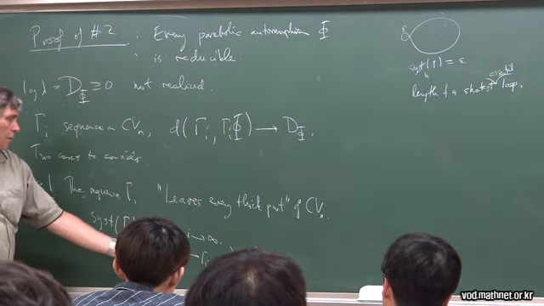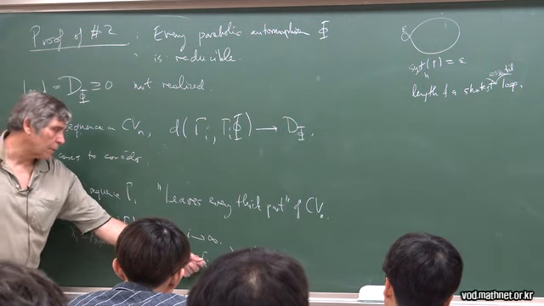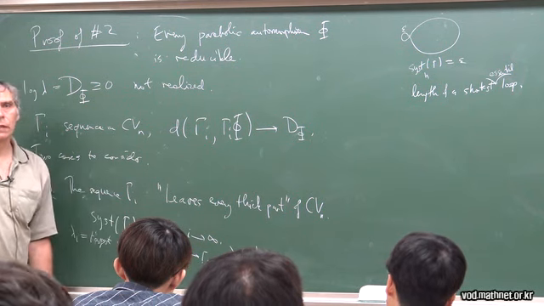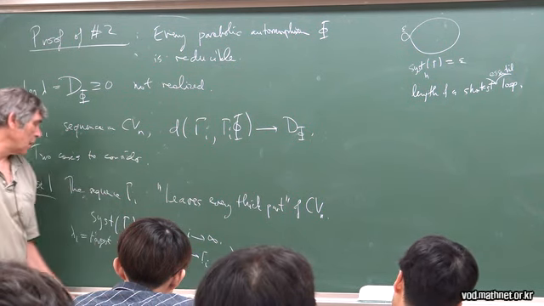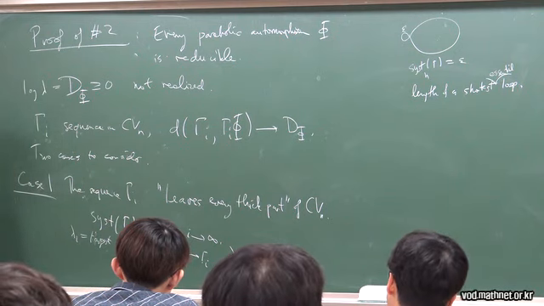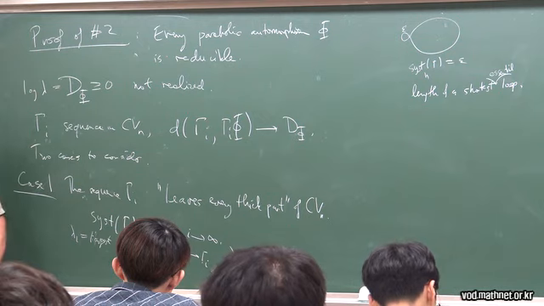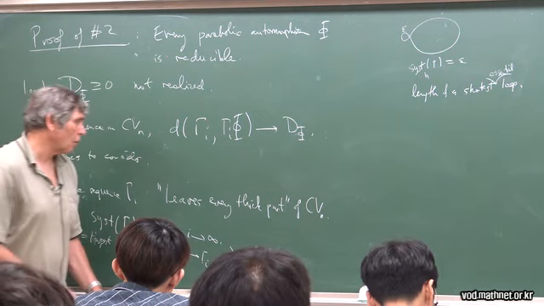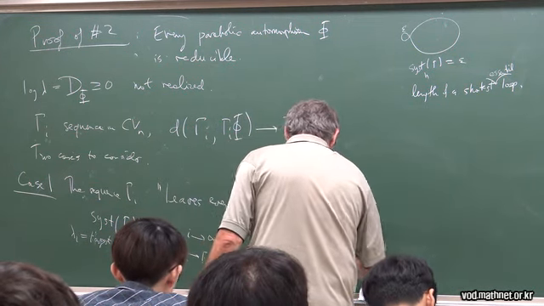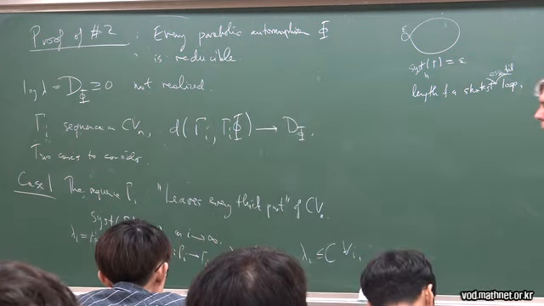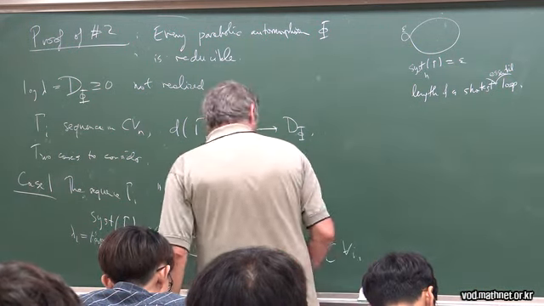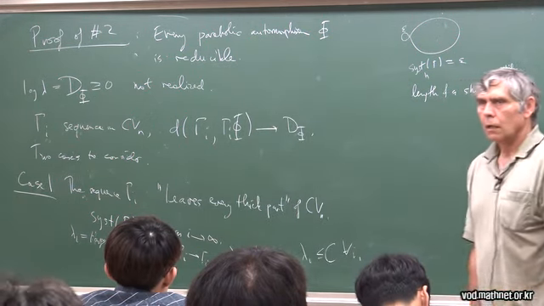So the displacement is really the largest slope of this map f i that represents f. This is really the difference of markings from gamma i to gamma i phi, but I'm thinking of it as a self map representing f. Well, all that matters here is that lambda i is uniformly bounded. So lambda i is less than or equal to c for every i. There's some constant that bounds all lambda i's. That's all that matters here. It doesn't matter that they converge to lambda. So we'll show that in this case the automorphism is reducible.